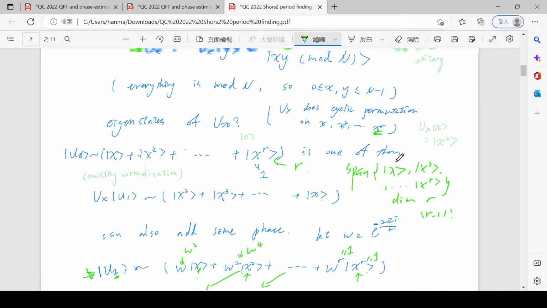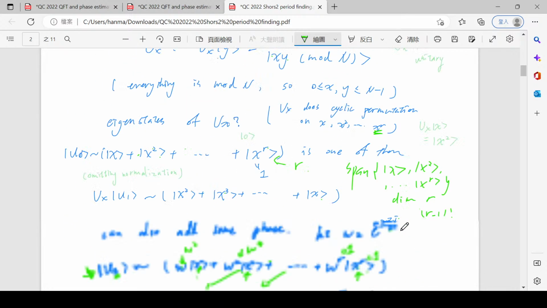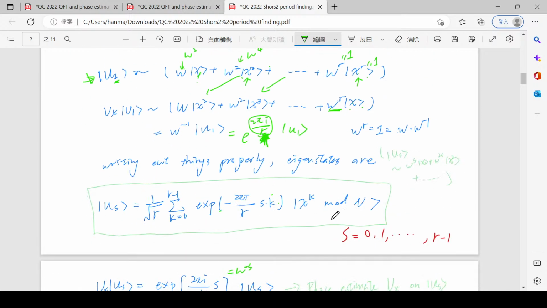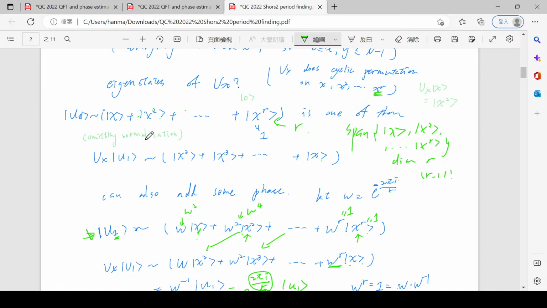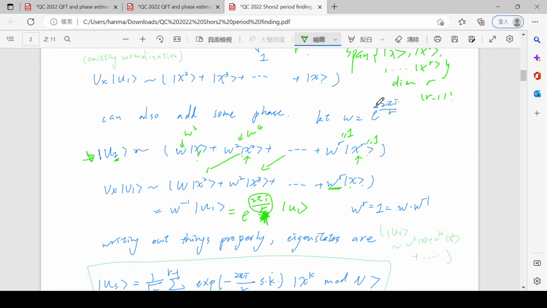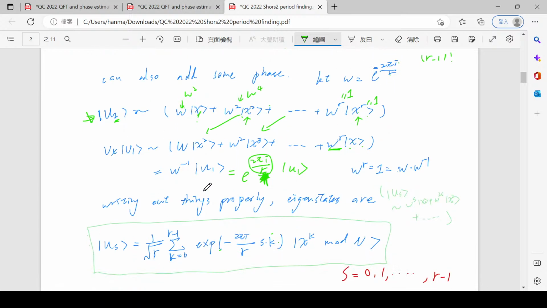And if we look at the eigenvectors of U_x inside this subspace, you find out that there are those u's which are basically uniform superpositions of x, x^2, all the way to x^r equal to 1, but paired with different phases omega, where omega is this r-th root of 1 with a minus sign.